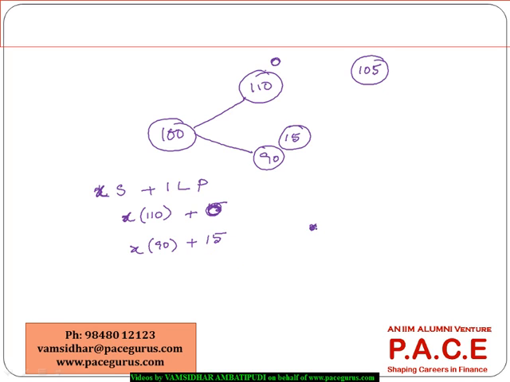Now this should be equal whatever happens to the portfolio, so that's where we say this plus 15, which is working out to 20x equal to 15, working out to x equal to 0.75 shares.